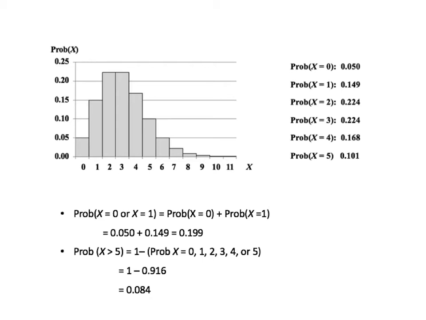So we just add up the individual probabilities of those numbers which are not in the range and subtract from 1. As shown here, the probability of x being 0 through 5 is 0.916. So the probability of x being greater than 5 is 1 minus 0.916, or 0.084.